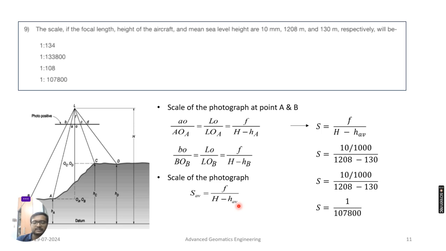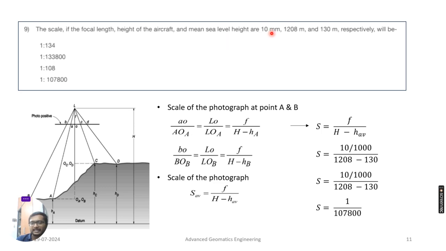So from this formula, if someone asks you to find the scale if the focal length, height of the aircraft and mean sea level height are 10 mm, 1208 meter and 130 meter. In the question, it has been told that the focal length of the camera is 10 mm.